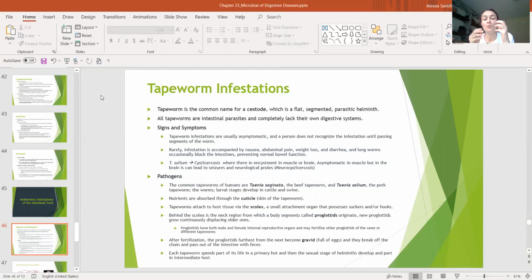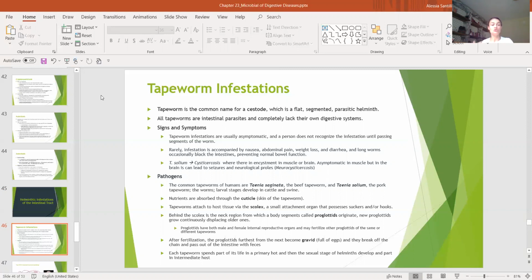So what they end up doing is that they absorb the nutrients through their skin, through their nasty, disgusting skin. And this is why they're flat, just basically to increase that surface area, to allow for most of their skin, also known as the cuticle, to absorb the nutrients around it. So it doesn't actually have a mouth.